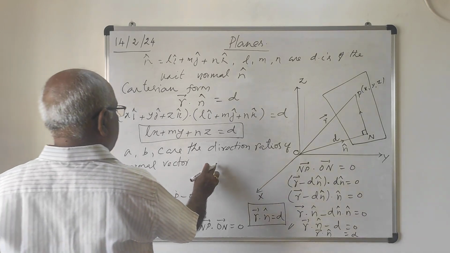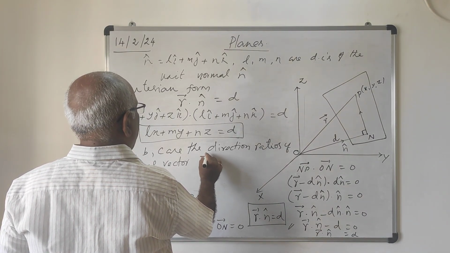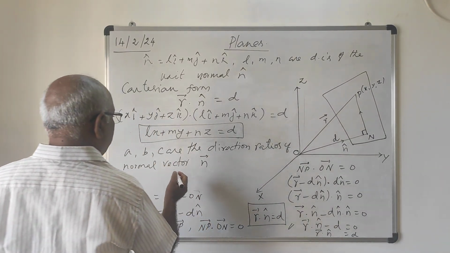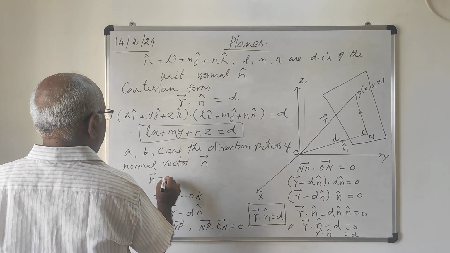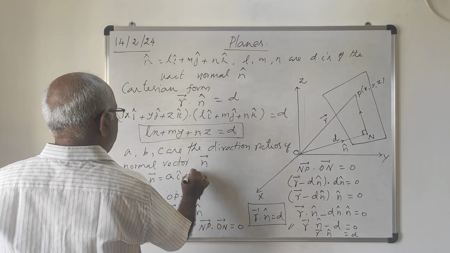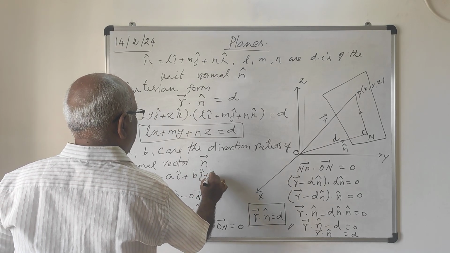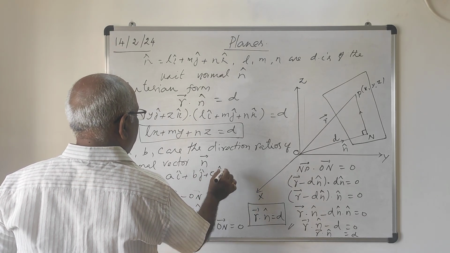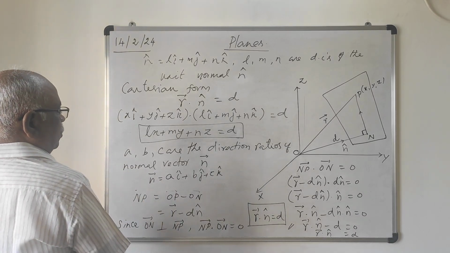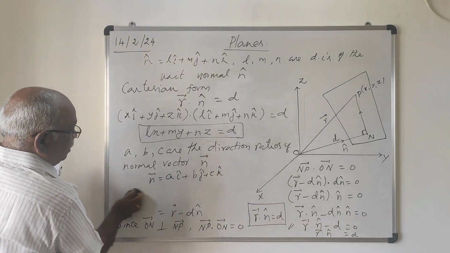So n vector is ai plus bj plus ck, and a, b, c are its direction ratios.